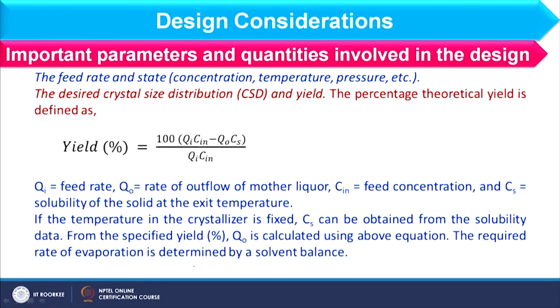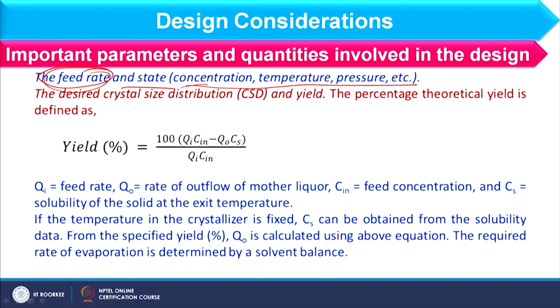Now, we will consider a few important parameters and quantities which should be involved in the design of a crystallizer. First is the feed rate and state. State means concentration, temperature and pressure. Okay. That is a very important parameter.